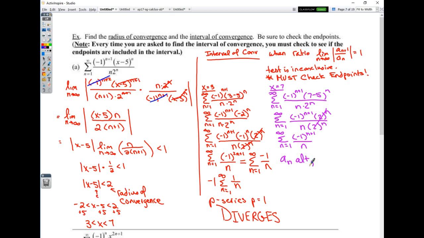What is decrease in magnitude? It means that the next term, if we ignore the negative, each term gets a little smaller. So: alternates, decreases in magnitude, and the final one.